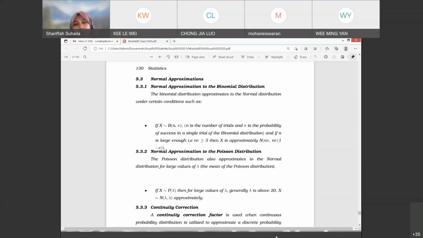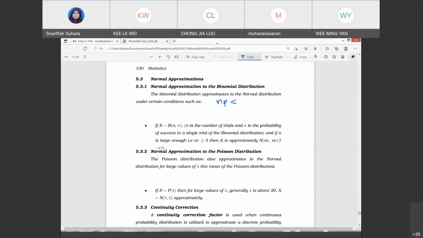For binomial, it can be changed to Poisson. Binomial to Poisson applies when n pi is less than 5.